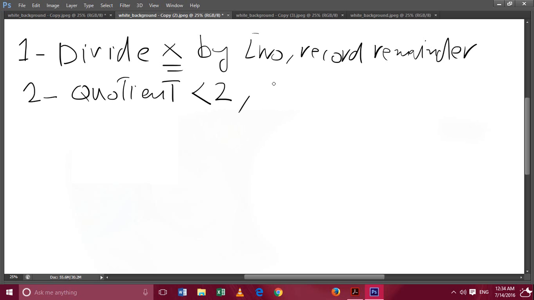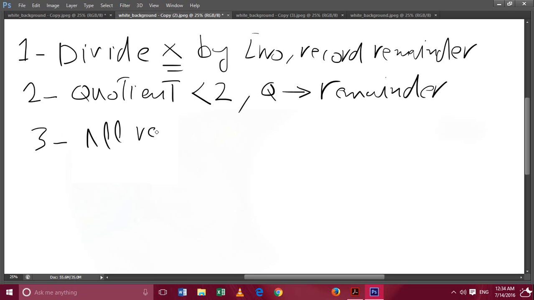Then you will pass this quotient as the last remainder, and then you are done. Number 3, your binary representation is all the remainders from the bottom up. Okay, that sounds a little bit mysterious, but once we see the example, it will be a piece of cake.